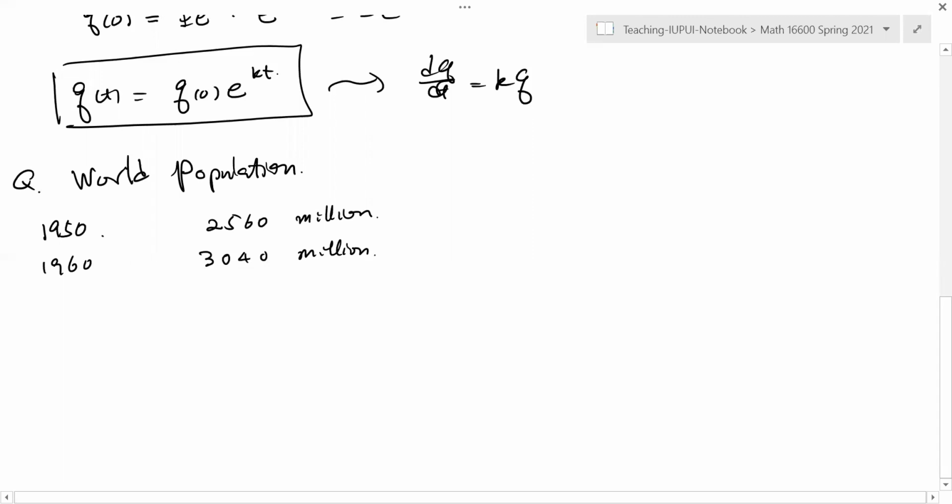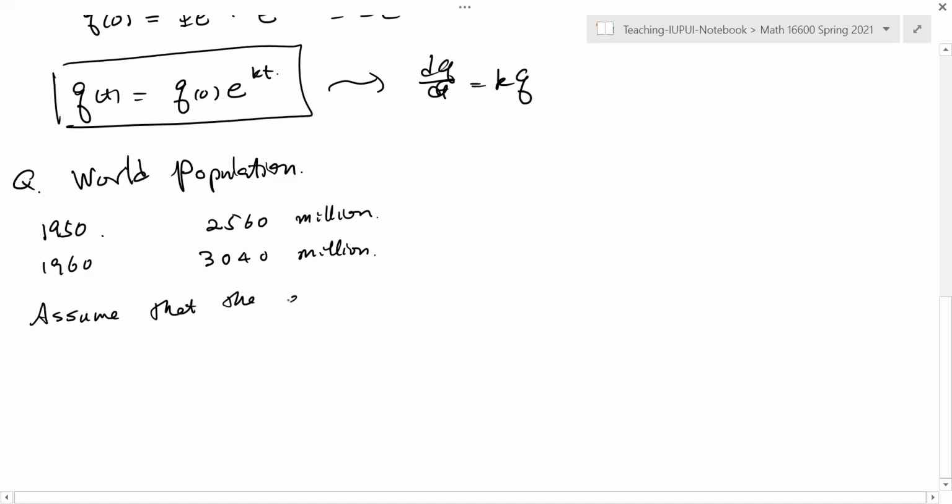And that's lots of human beings on Earth, right? So we assume the growth rate is proportional to the population. Assume that, and then we find out that this probably is true.